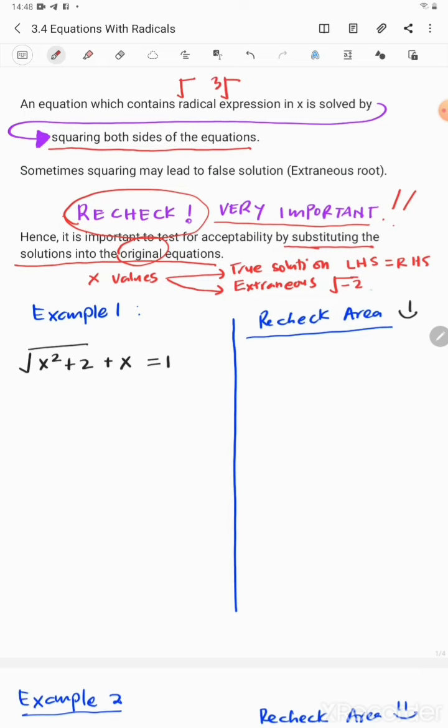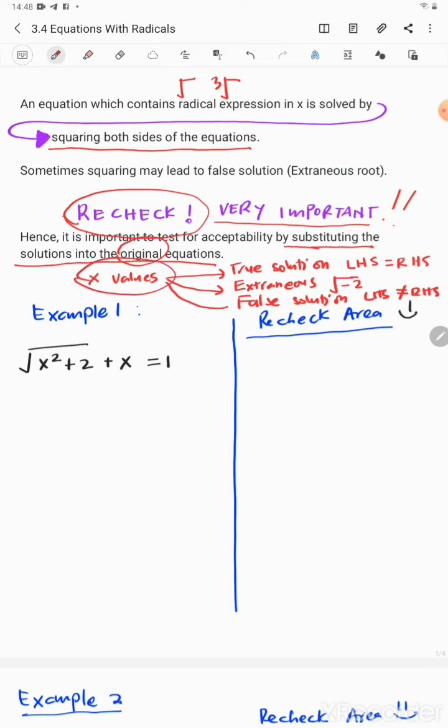The calculator cannot compute it. This is what we call extraneous. Or it can be a false solution when the left hand side is not equal in value to the right hand side. So there are 3 possible solutions. You have to take note. This is very important.